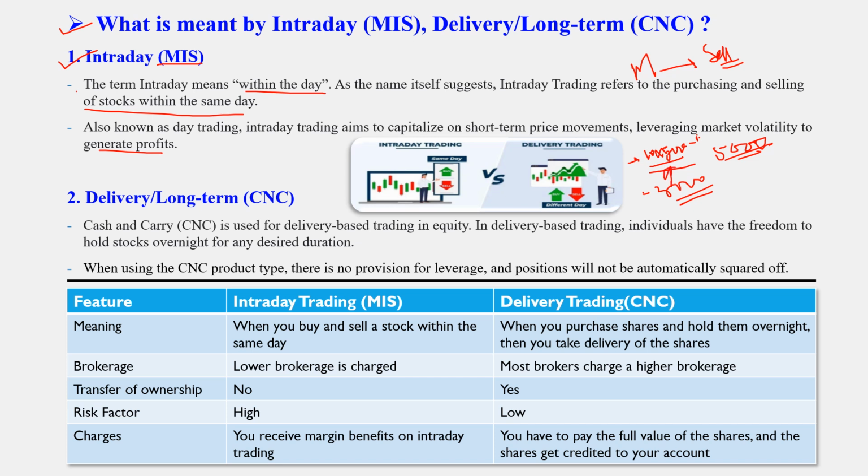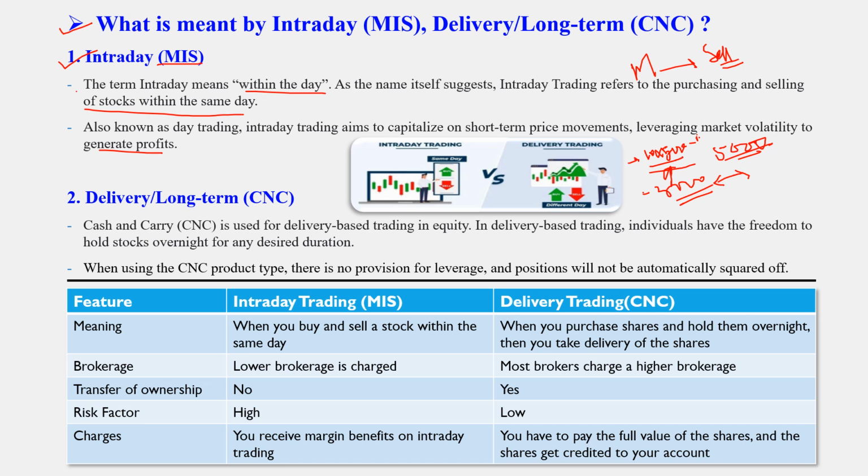When we enter the stock in the morning, or after 11 a.m., or at any time, we need to sell this stock or exit this position before the market closes, right? Or this position will be automatically squared off before the market closes. So this is called intraday.